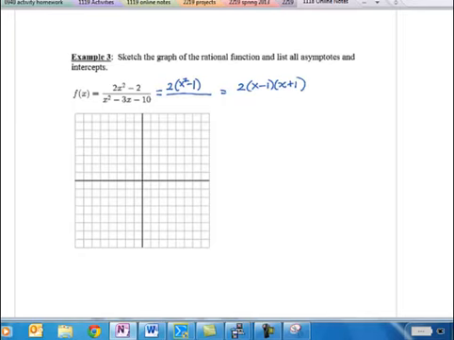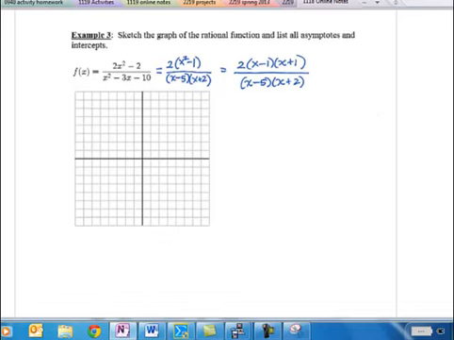And then our denominator factors as what, x minus 5, x plus 2. So we'll start listing the features and then go from there.